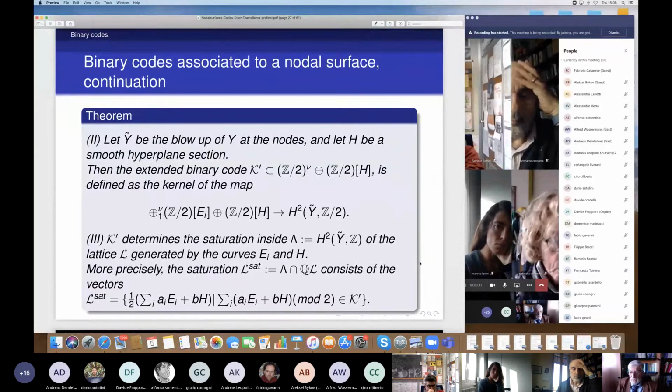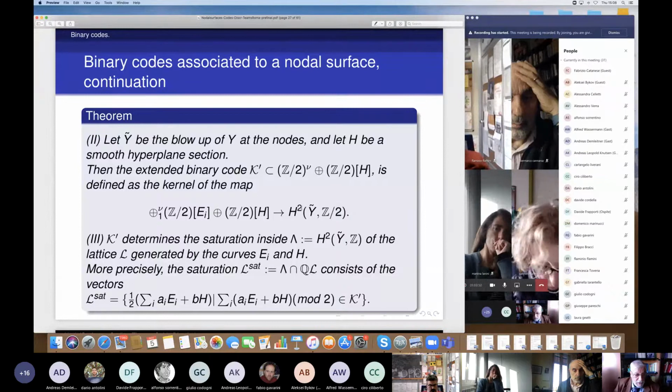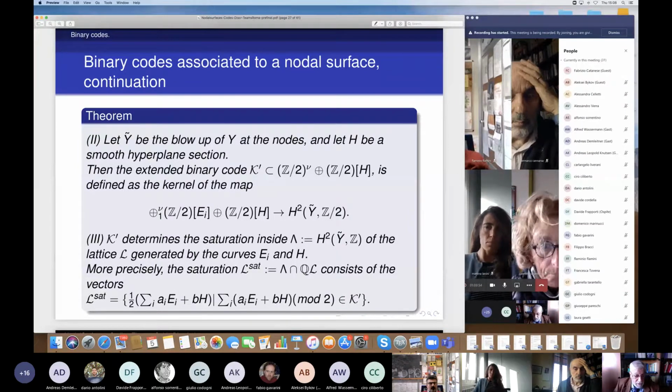So why is this important? There are many ways, but this is important because it shows that these codes are topological invariants. So again, I repeat what I said. This is the definition of K prime.